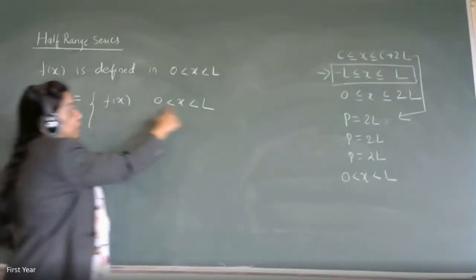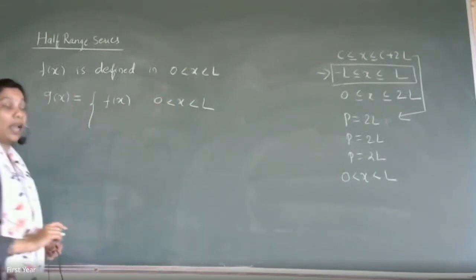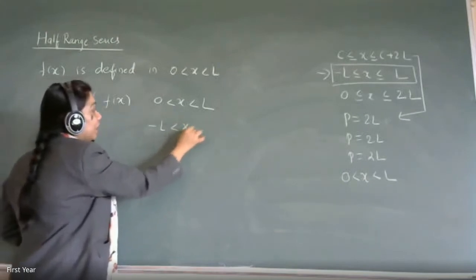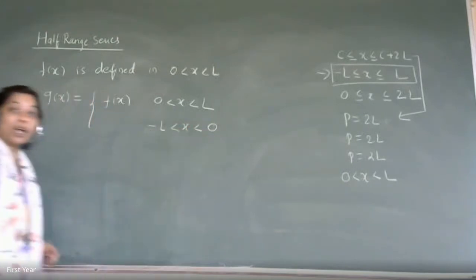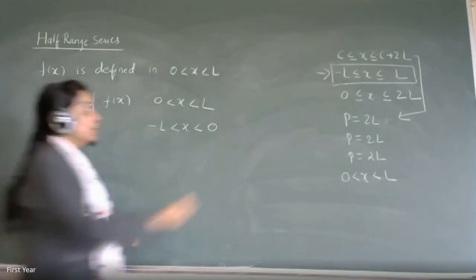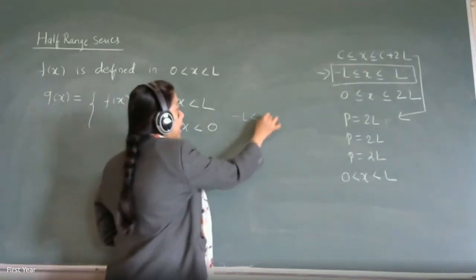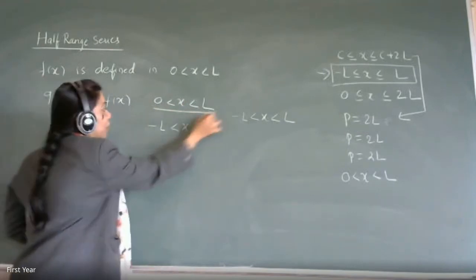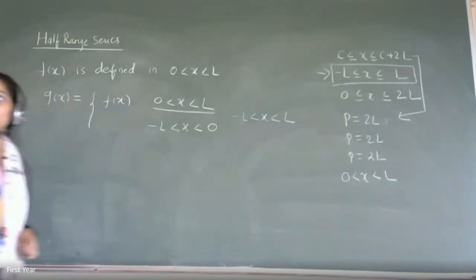Yeah. So for that, g of x is equal to f of x in the given interval, which is given to you. And now, what is the remaining half of the interval? Is it understood, the remaining half of the interval? If your full range is minus n to n, then what will be the remaining? This is a half range, 0 to n. The remaining half range will be minus n to 0 now.